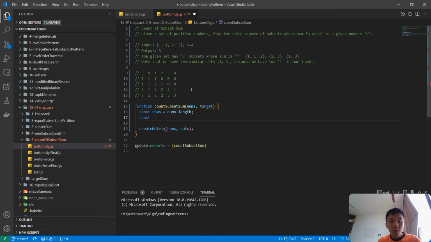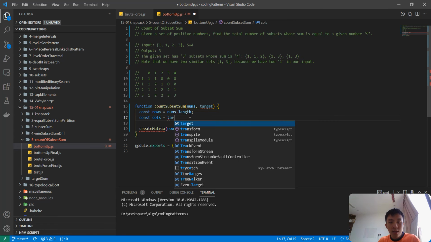And the number of columns would be, for example, target sum 4, then we need 5 columns, including 0 here.